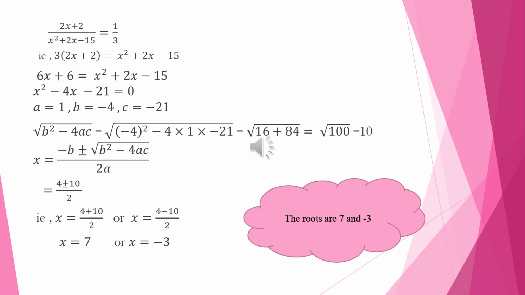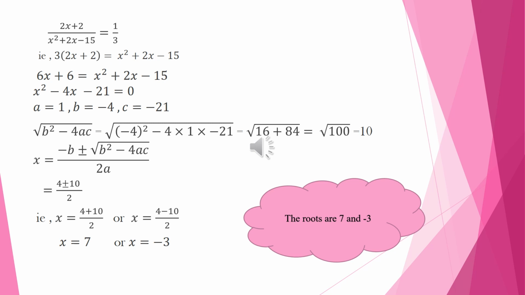On cross multiplication, we have 3 into 2x plus 2 is equal to x square plus 2x minus 15. Opening the bracket, on the left hand side we have 6x plus 6 equal to x square plus 2x minus 15. Transposing 6x plus 6 to the right hand side, we have our standard equation of x square minus 4x minus 21 equal to 0.